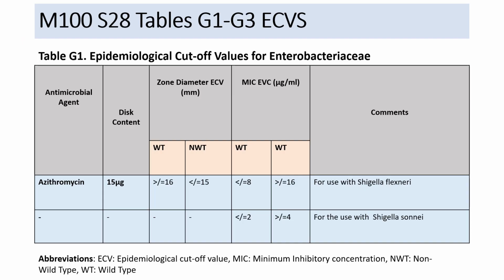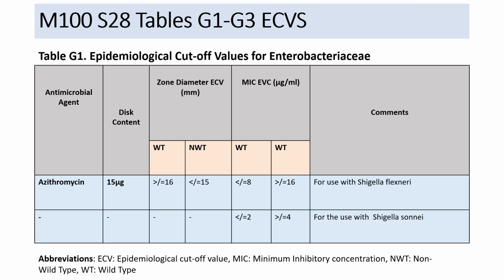For example, azithromycin against Shigella flexneri. If the ECOFF MIC is about 8 and the MIC obtained from testing is about 4, since it is less than the ECOFF, it is a wild type that doesn't have any resistance mechanism.